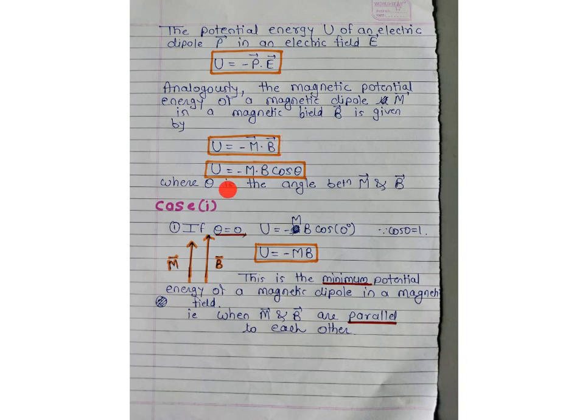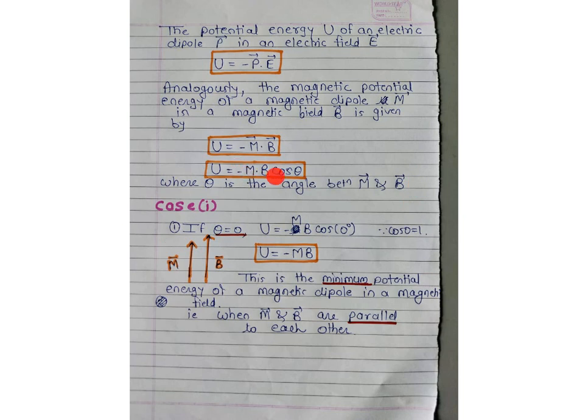It can also be written as U equal to minus MB cos theta, where theta is the angle between the magnetic dipole moment and the magnetic field B.